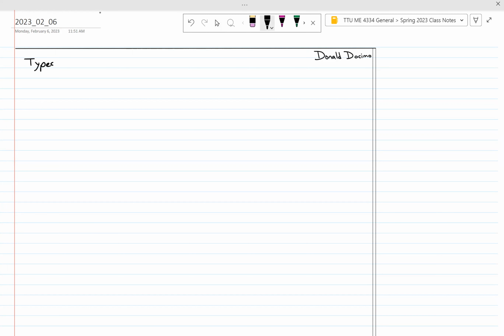Last time we did first order systems. Today we're starting our second order systems. So very obviously a second order system has a transfer function with 2 poles.